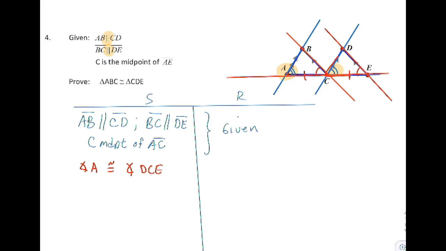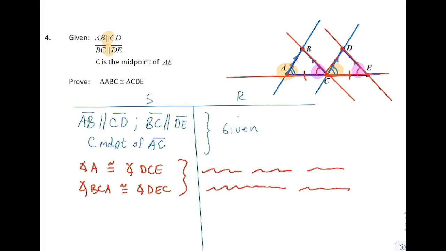I'm also going to say that this angle is the same as that angle, which is going to be angle BCA and angle DEC, because this time parallel lines form corresponding angles. Now both alternate interior and corresponding are going to be congruent.